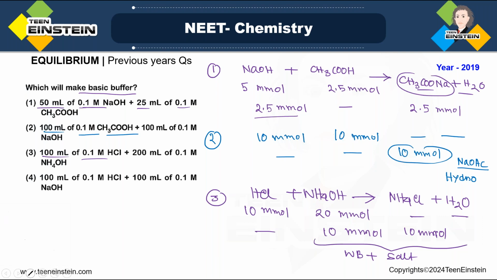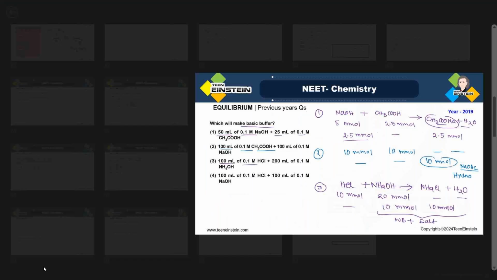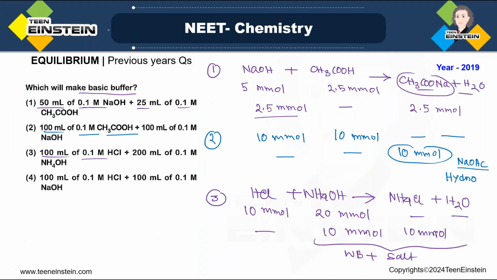But why the last one is not the correct answer, we'll just check it. Here we have again HCl and, okay, this is different. This is strong base, strong acid.